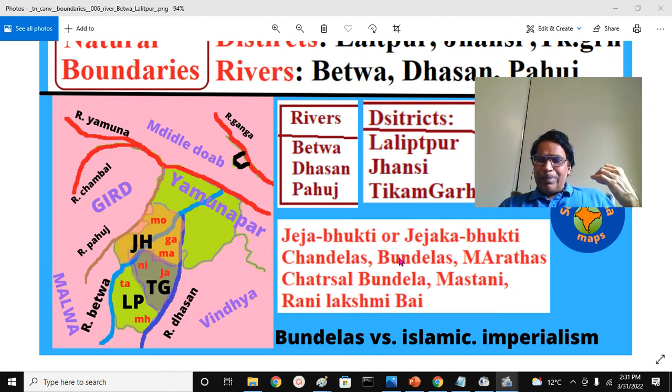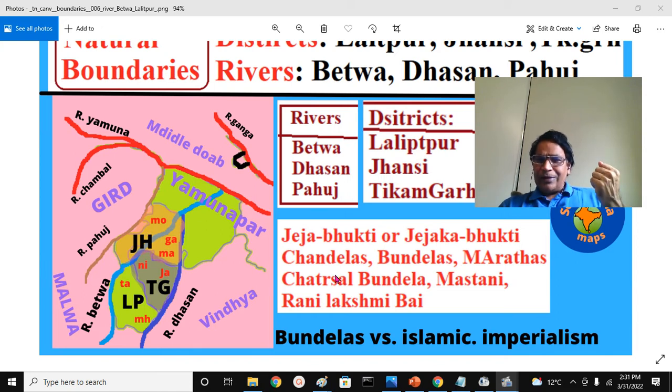They were replaced by another Rajput clan, the Bundelas, and finally they were replaced by Marathas, and the British took over a lot of the remnants of those rulers in British India, and there is a Bundelkhand agency and Central India agency and so on.